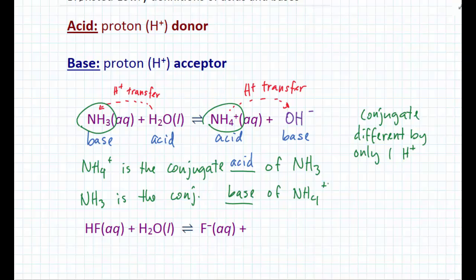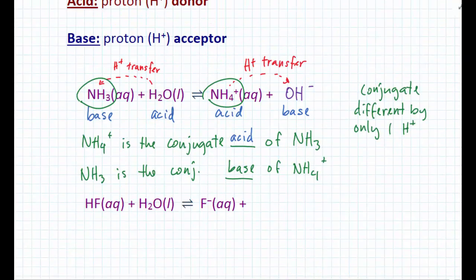And together, NH4+ and NH3 are a conjugate acid-base pair. That makes sense? So in an acid-base reaction where we've just transferred a proton, we can talk about conjugates that way.